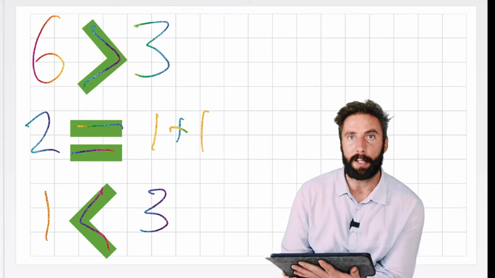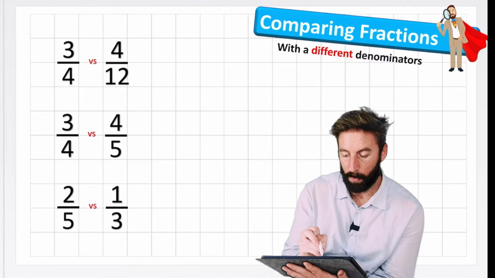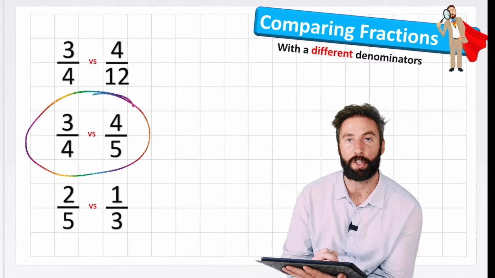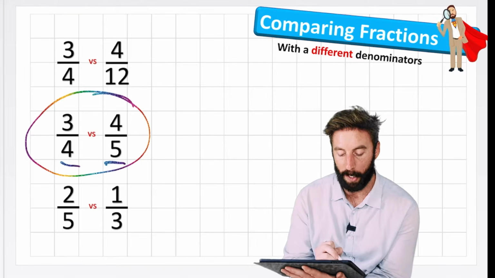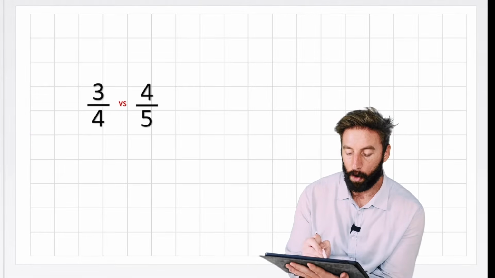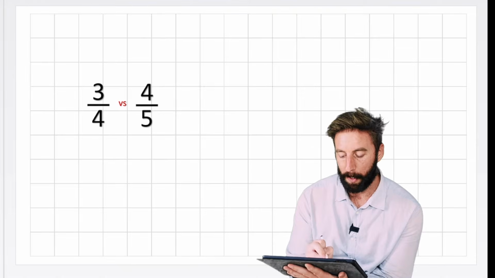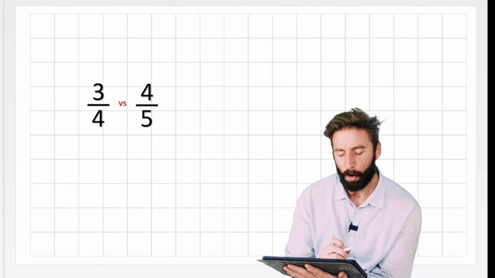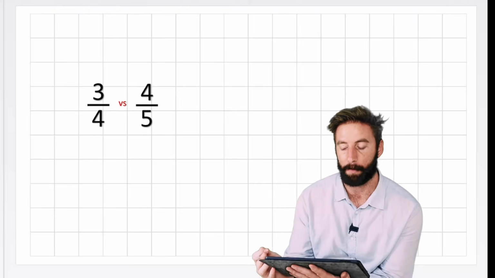So let's keep using these symbols as we answer the next 2 questions, and let's start question 2. We're going to have a look at this question here, 3/4 or 4/5. Again, our denominators are different, so we're going to need to do some magic. So what can I see here? Is there a relationship? Well, not an obvious one, because 5 is not in the 4 times table, or 4 is not in the 5 times table. So I now need to find a number that would be in both of their times tables.